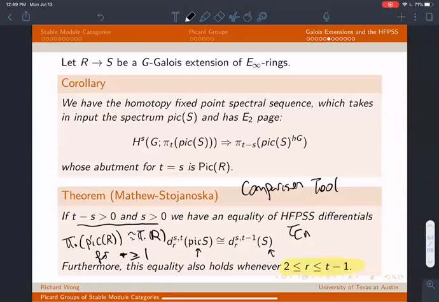Sorry, this is n plus 1 to 2n of the Picard spectrum of R is equivalent to the nth to the 2n minus 1th truncation of R. Sorry, these are s's. So they have a more sophisticated comparison between the Picard spectrum and the ring spectrum. And this allows us to import quite a lot of differentials and helps us tremendously in calculations.